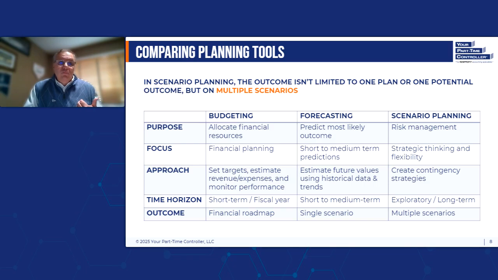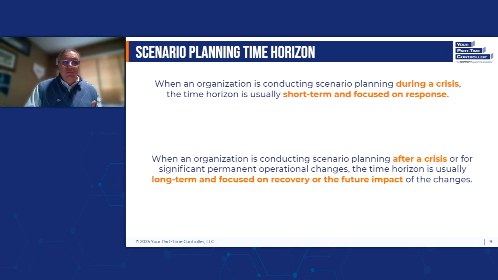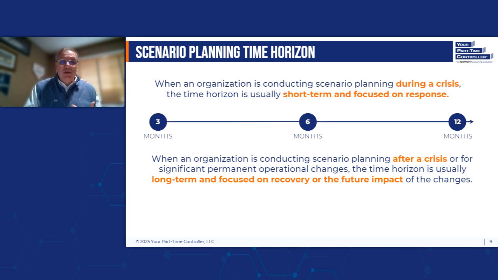Now, many of us might be in what we would consider a crisis mode right now because of all the circumstances that are going on in the environment. And so our focus is very short term. So we look at, in a crisis mode, maybe something within the next 3 months to 12 months.